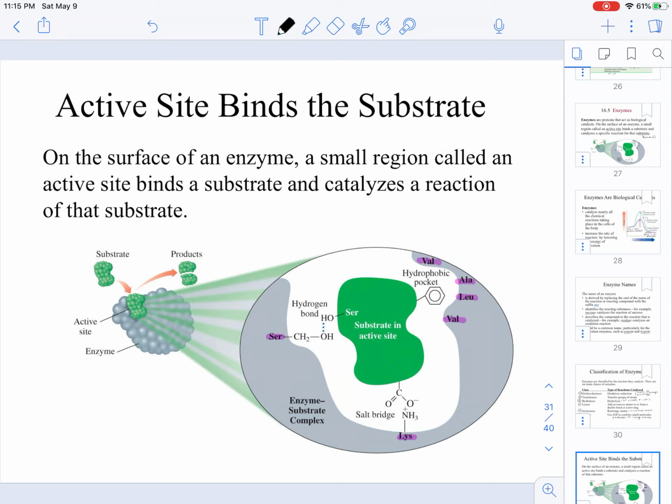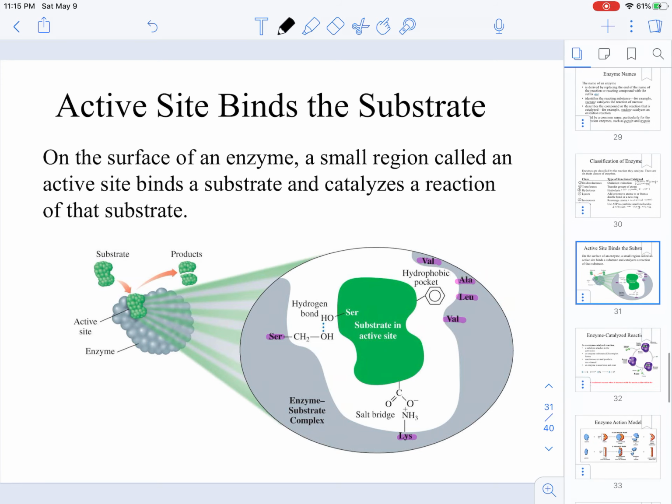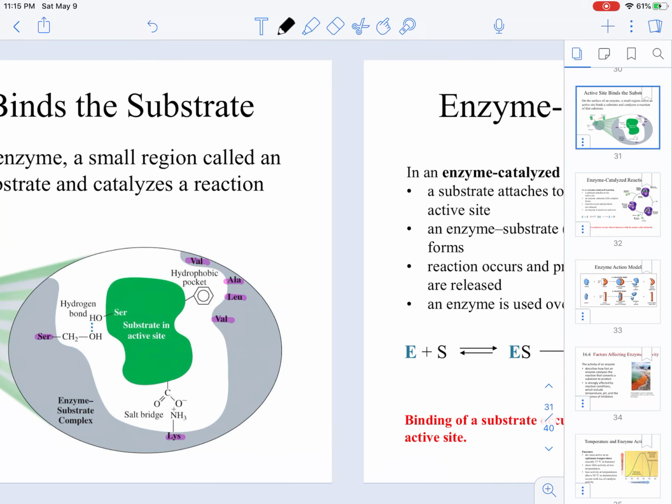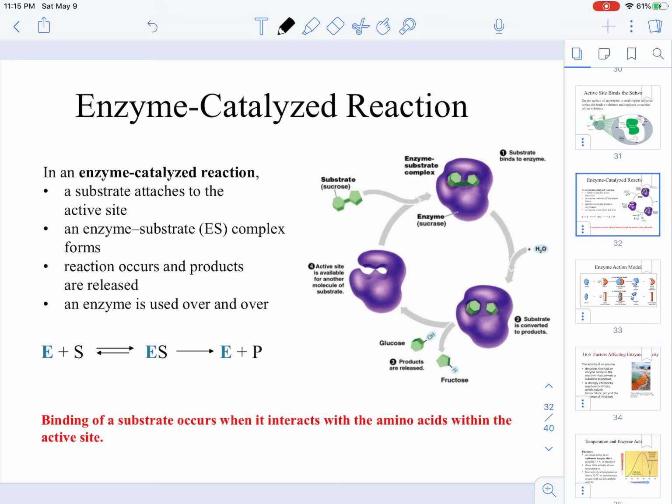Whenever we have an enzyme catalyzed reaction, understand that it is very specific how we write them in biochemistry. So when it comes to enzyme catalyzed reactions, as you can see, we write them in the following manner.